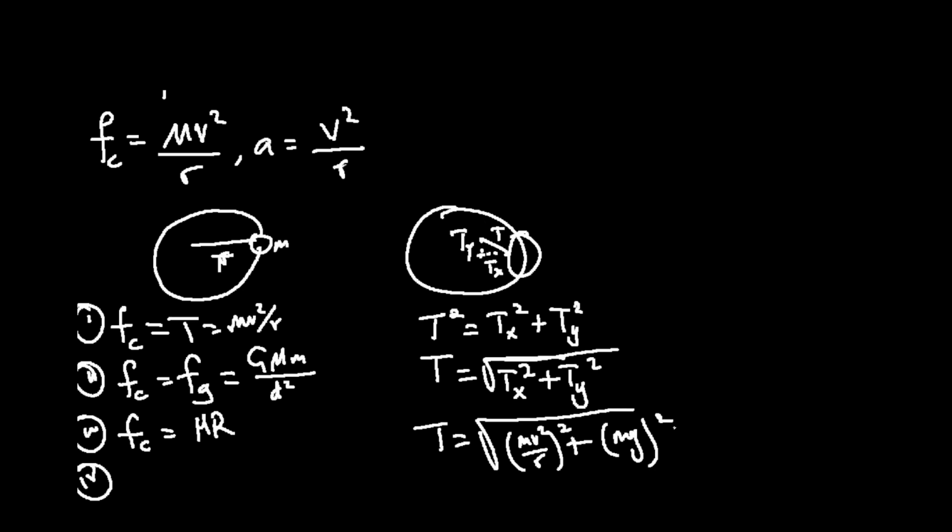These are very important keys to remember and to note under centripetal force. So in this case, the centripetal force is equal to the square root of (mv squared over r) all squared plus (mg) all squared.